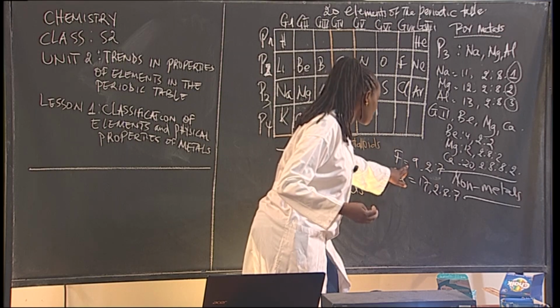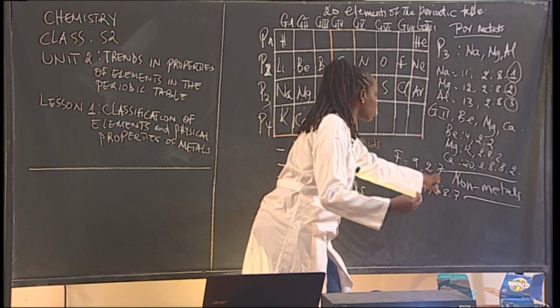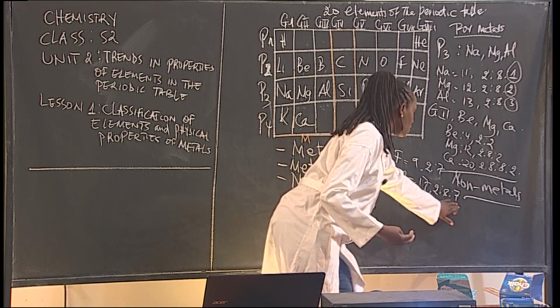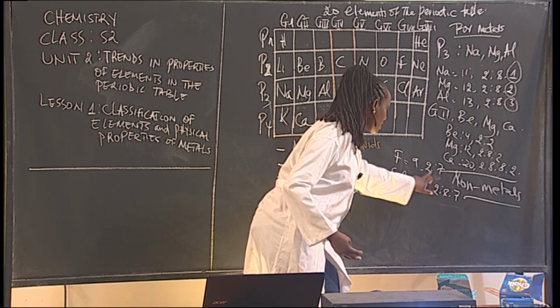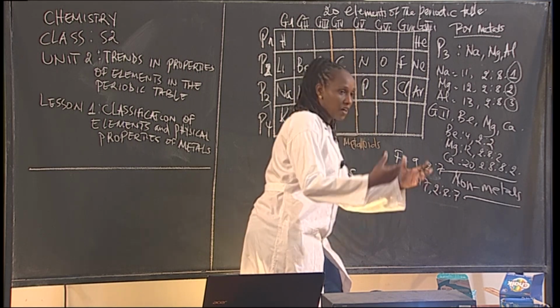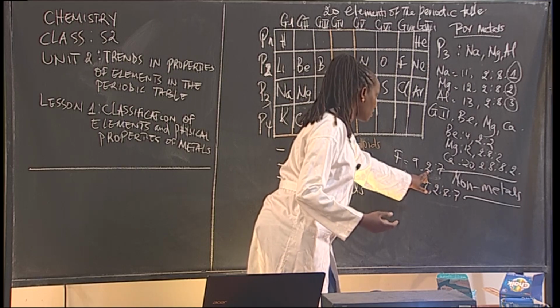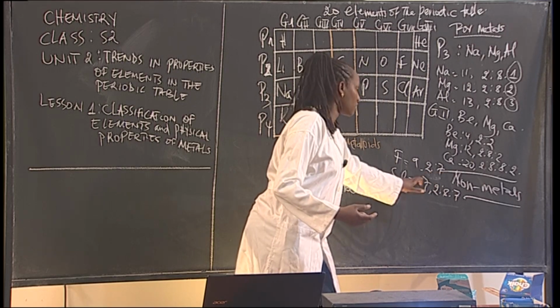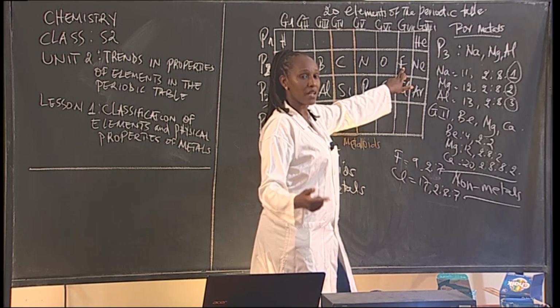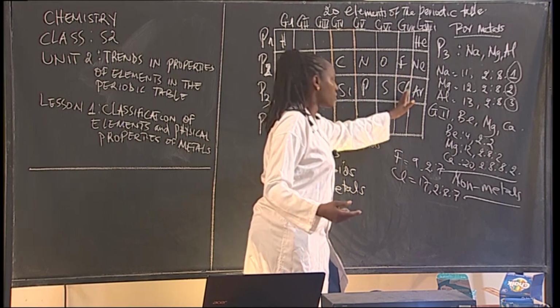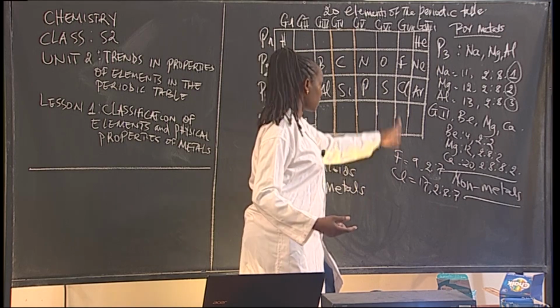It is very easy for fluorine to gain an electron than chlorine, which has got less attraction force. That's why we say fluorine is more non-metallic than chlorine. So down a group, non-metallic character decreases.